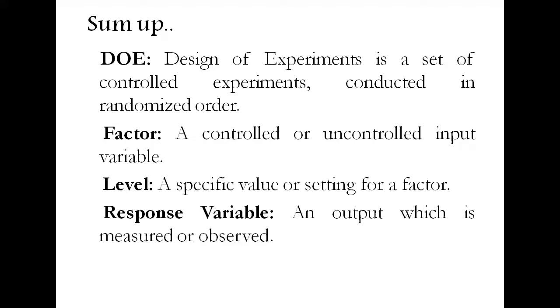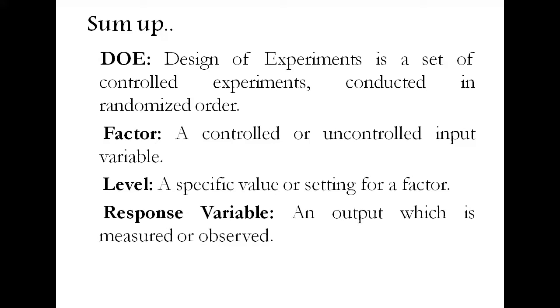What is a factor? A controlled or uncontrolled input variable. Some parameters we are not able to control, like environmental conditions. These are the uncontrolled parameters. For controlled parameters, for example in machining operations, speed, feed and depth of cut are input parameters. These are parameters you can easily control, modify and adjust.